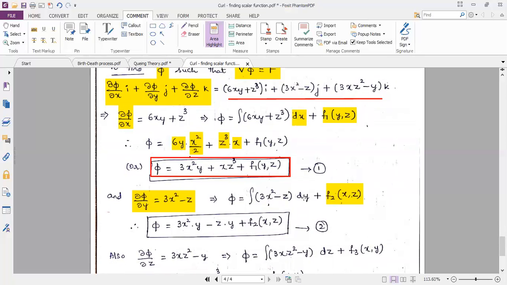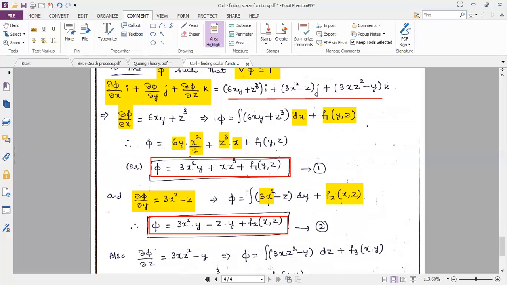Since we are integrating with respect to y, x and z are constants, so we add the constant of integration in terms of x and z. 3x² is a constant, writing as it is; integration of 1 dy is y. Minus z is a constant, writing as it is; integration of 1 dy is again y, plus f2(x, z). So we have obtained another expression for phi, given by 3x²y − zy + f2(x, z).